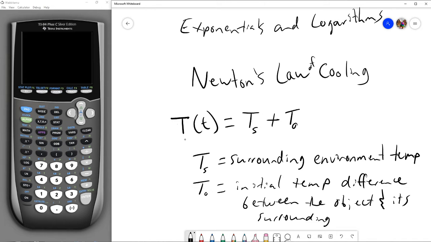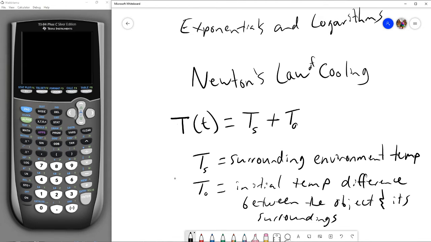Alright, so if you have like a cup of coffee that's at, say, 100 degrees temperature, and then if you are in a room of 70 degrees, then T naught would be 30. Okay, 100 minus 70.